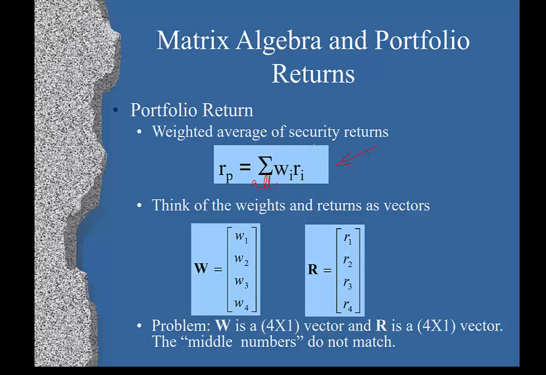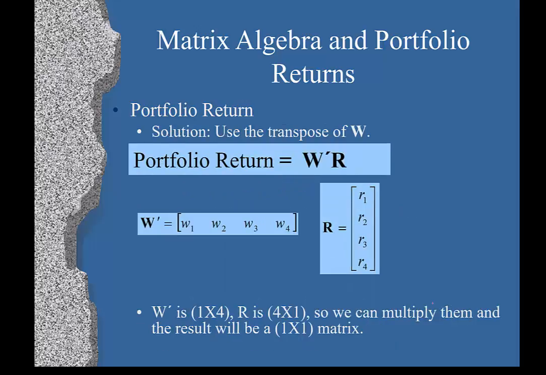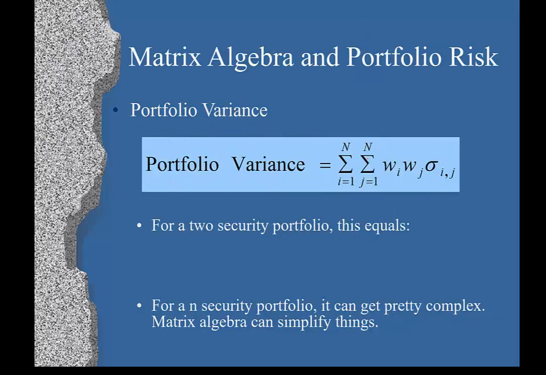They're both column vectors and those middle numbers don't match. You need these two numbers to match. So we're going to transpose the weight matrix, and that way we have a 1 by 4 and a 4 by 1. The result is a 1 by 1, which is going to be the portfolio return, also a scalar. So you're going to get one number, the portfolio return.